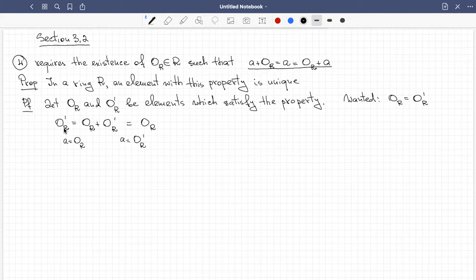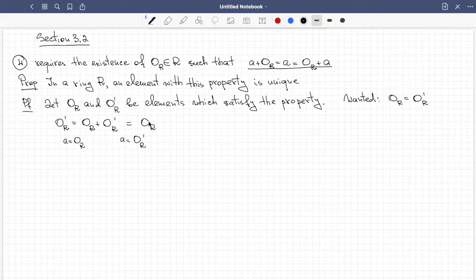So what we see, 0'_R is the same element as the sum, the property with A equals 0_R, and this is the same element as 0_R, the same requisite property with A equals 0'_R. Thus we find that 0'_R and 0_R is the same element. Equality sign in a ring means the two elements coincide.